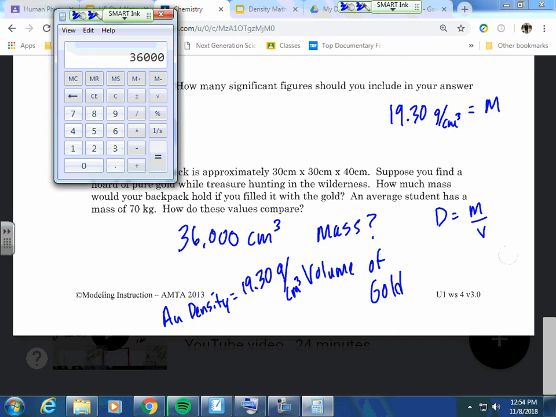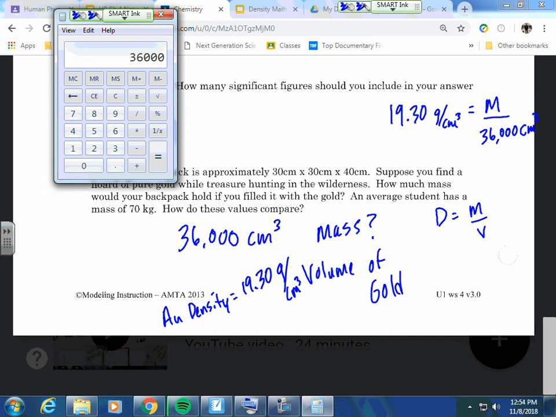I don't know the mass. We're trying to figure that out. And I know the volume is 36,000 cubic centimeters. So how would we find the mass? Volume times density. Thank you.